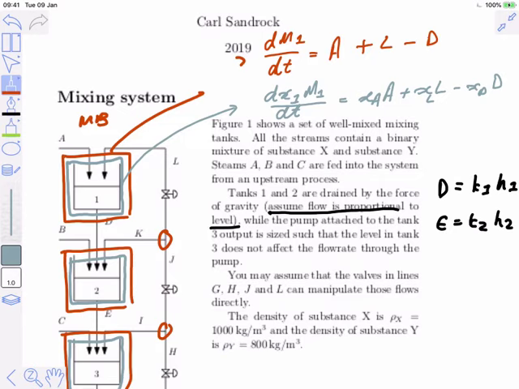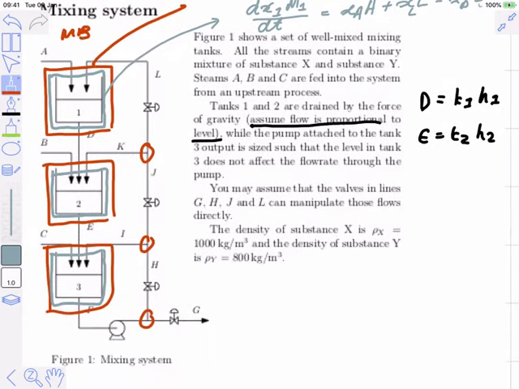You can handle the edge specifications or these junction specifications in one of two ways. You can reason that all of these streams will have the same composition, or you can do a component balance. Unfortunately, you can't do both. So you can choose either. In the Modelica, I'll be releasing the solutions as well.